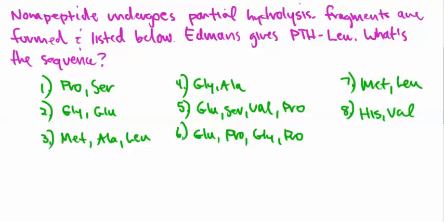So di, tri, tetra, penta, hexa, hepta, octa, nona. Nona was the definition for 9. So this is a nonapeptide: there are 9 amino acids in this peptide that we are analyzing.